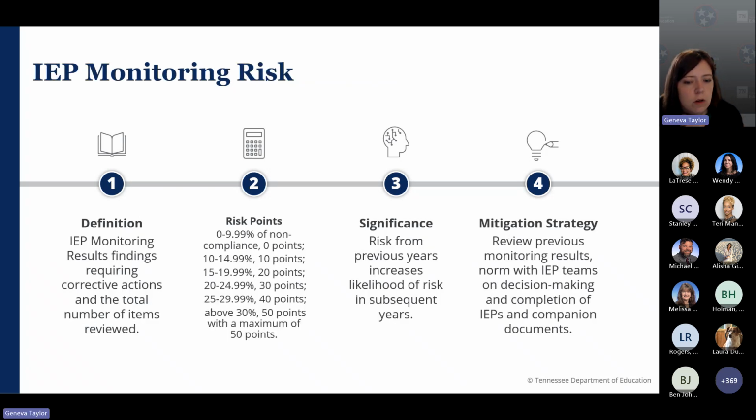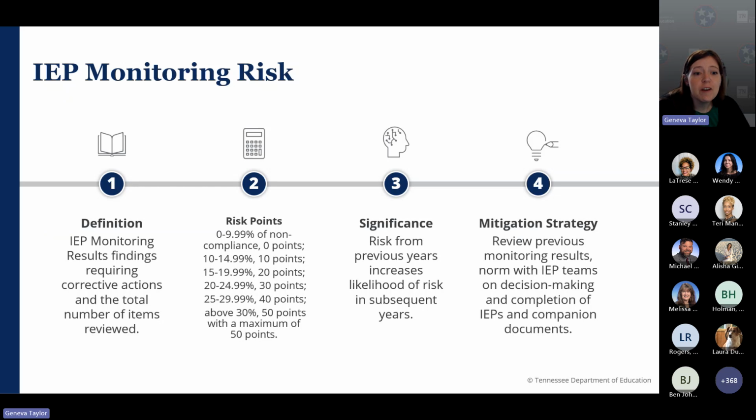For IEP monitoring risk, we have noticed a trend where many LEAs are beginning to have less risk during their IEP compliance monitoring, which is fantastic. You'll see here in section number 2, our risk points for percentage of noncompliance.